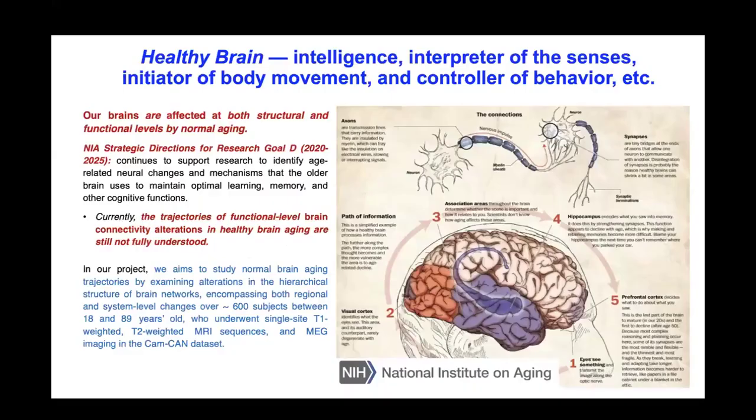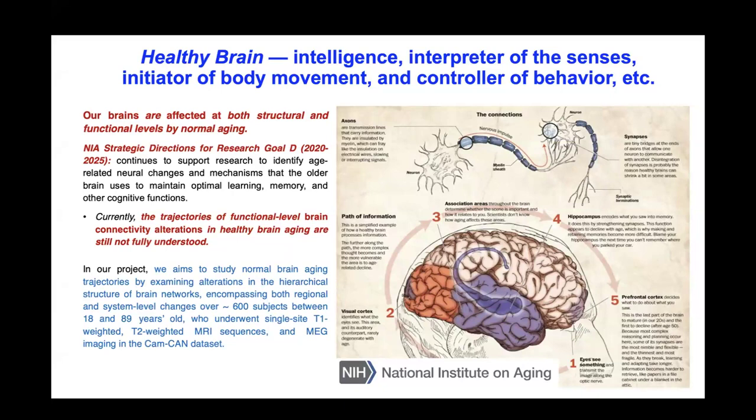Another application we are working on is normal brain aging trajectory detection. As we know, our brain is a very core part of our human body, the seat of intelligence, the interpreter of the senses, an initiator of body movement and a controller of behaviors.